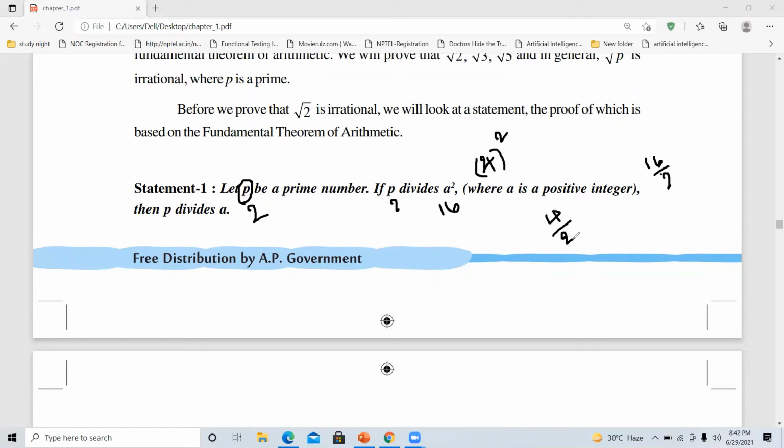We can easily know that 2 2s are 4, and hence 4 is also divisible by 2, and hence we can say that the statement is true. So if p is a prime number and that prime number divides a square, then p will definitely divide a. In this way, the statement 1 is explained to us here.